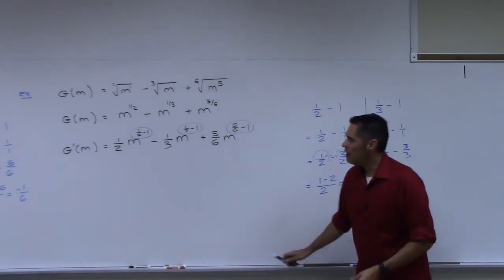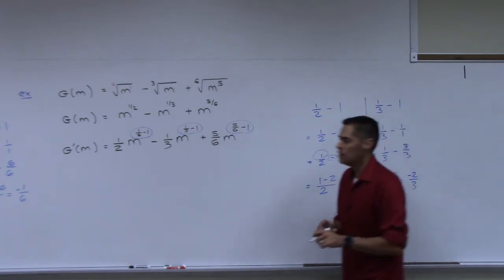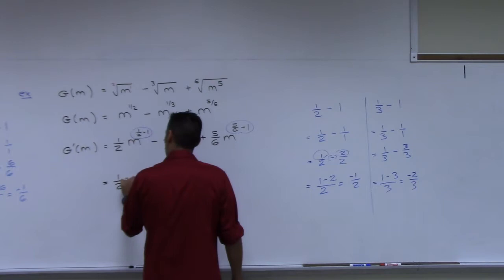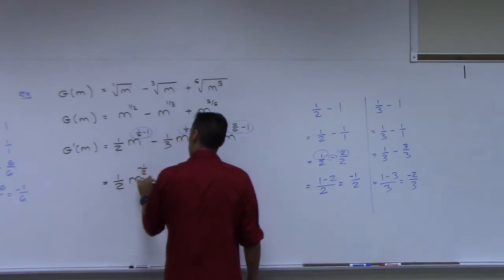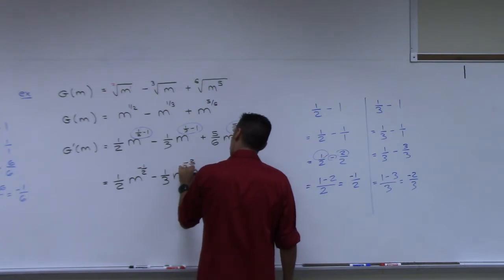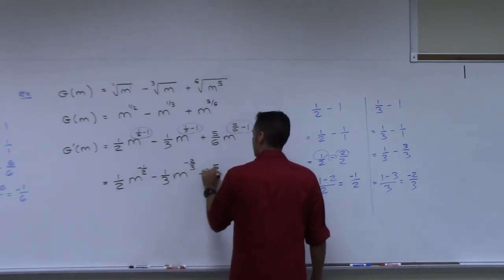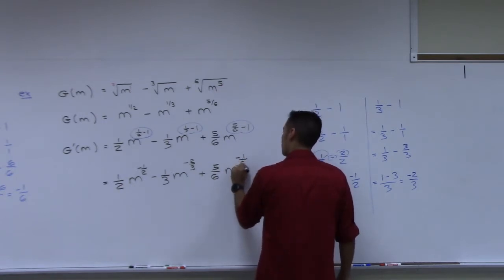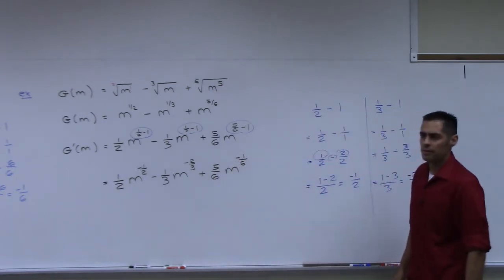So I'm ready to write my next line. So this is 1/2 m to the negative 1/2 minus 1/3 m to the negative 2/3 plus 5/6 m to the negative 1/6. That is your derivative.